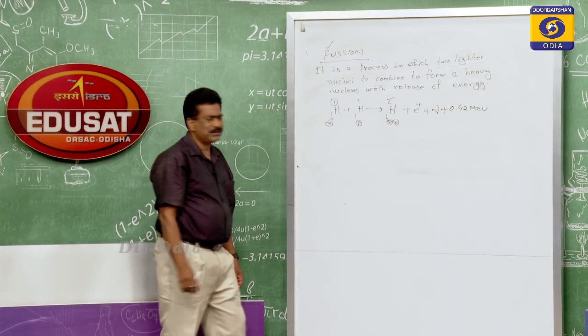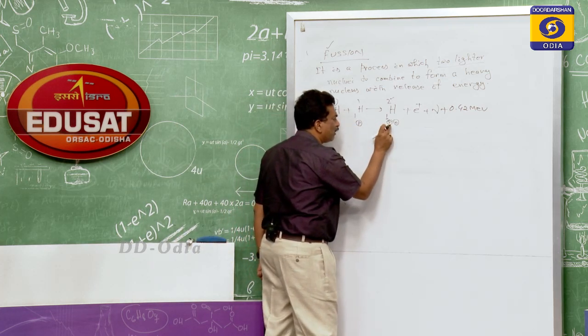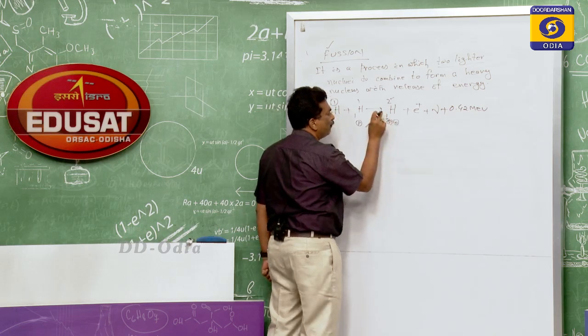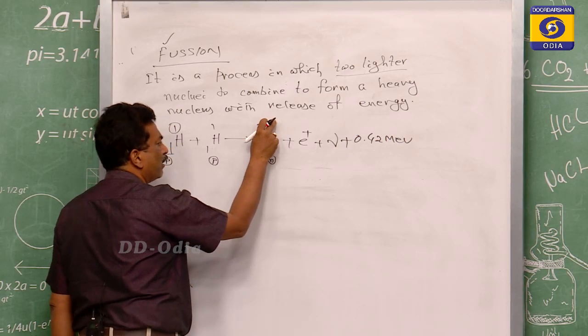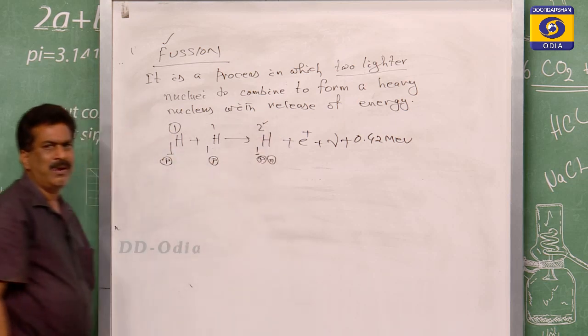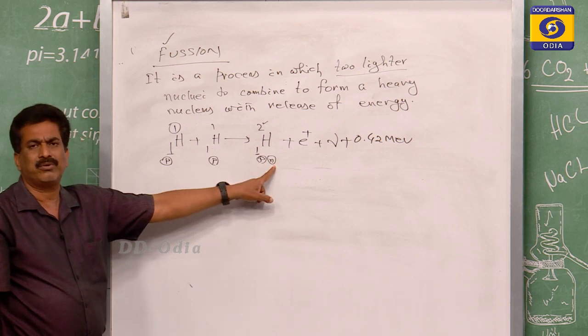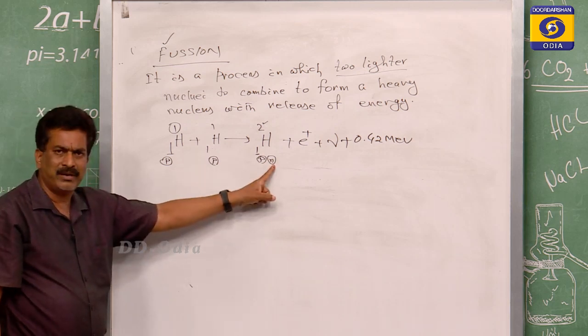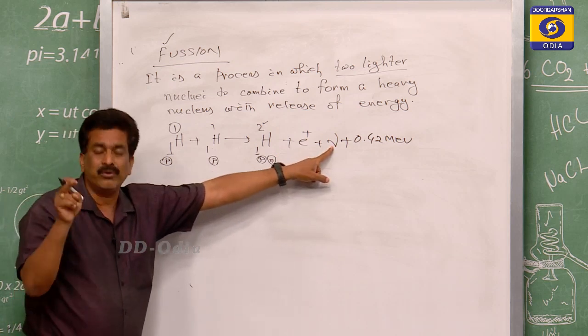Are you clear, my students? Because the mass number means proton plus neutron. So here there is 1 neutron, but here there are 2 protons, means 1 proton converted to a neutron. When 1 proton is converted to a neutron, it will produce a positron with a neutrino.